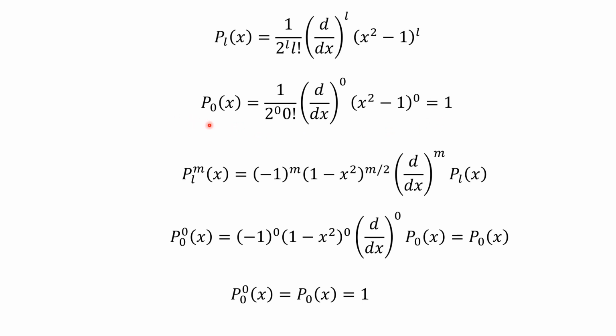From this you can find the associated Legendre function, P_l^m(x), which is equal to (-1)^m (1 minus x squared) power m over 2 times d by dx power m of P_l(x).